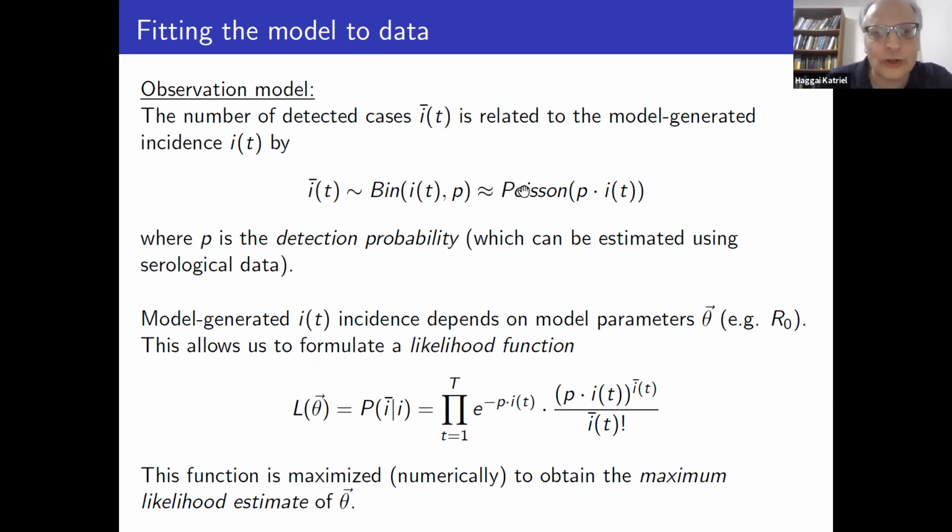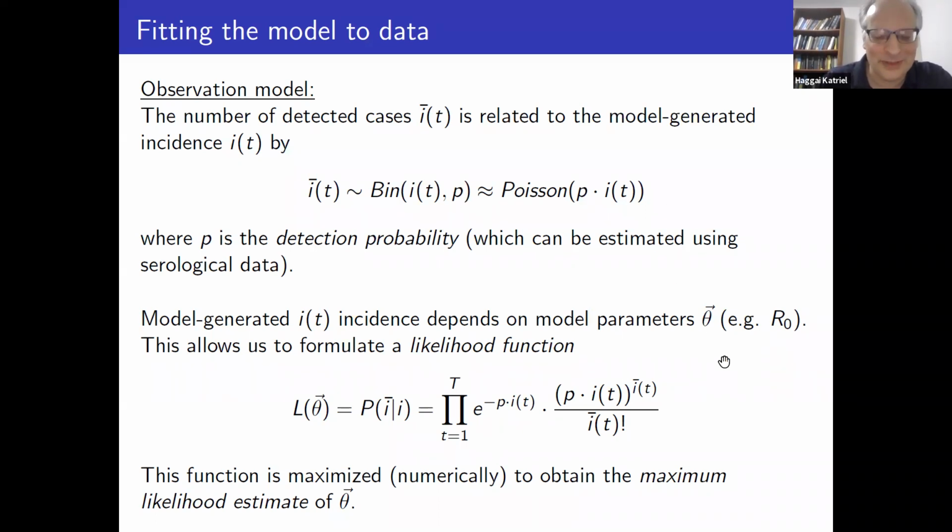So here we just assume we have some detection probability, because not every case is detected. So the number of cases in the data is a binomial variable with some probability that the case will be detected.